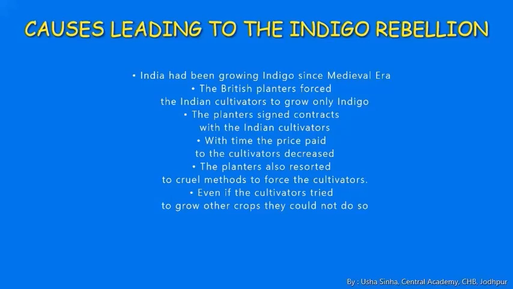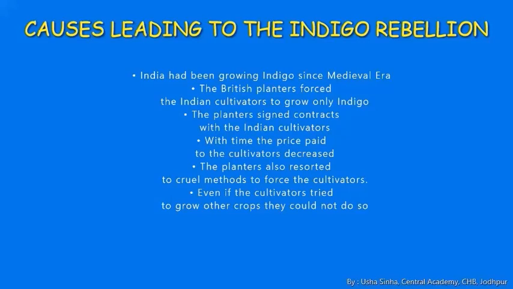Gradually, however, with time, the price paid to the cultivators decreased. The planters also resorted to cruel methods to force the cultivators. These atrocities have been mentioned in Deen Bandhu Mitra's play Neel Darpan.